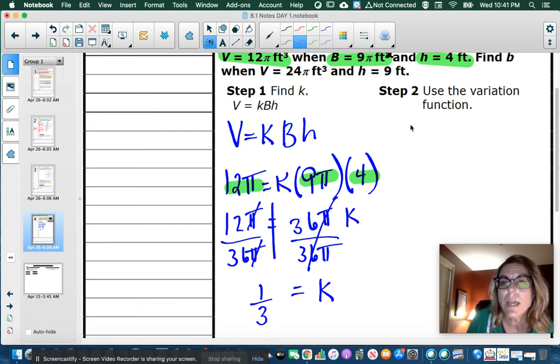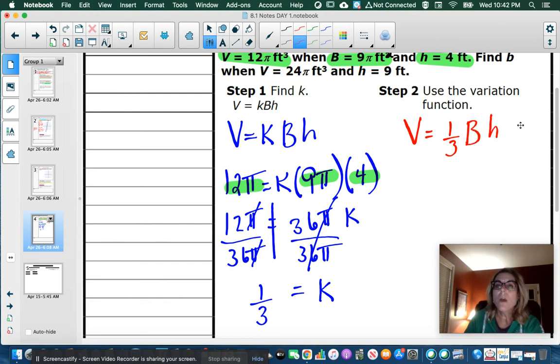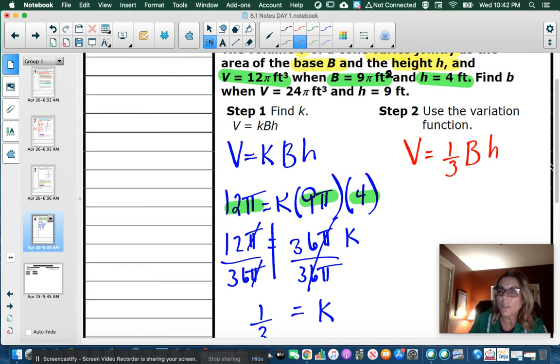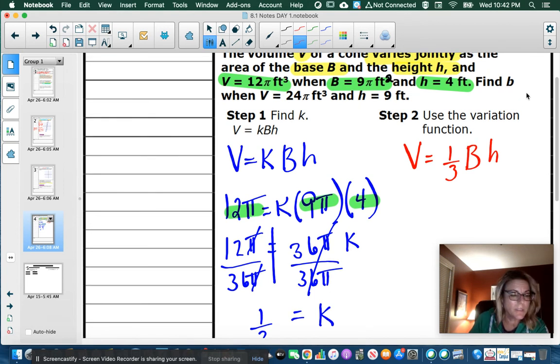Great. So now I end up with V equals, plug in k, just like we did on the last example. And now I'm going to answer the question. Find B, which should be an uppercase B, not lowercase b, when the volume is 24 pi and the height is 9. Let's do that.